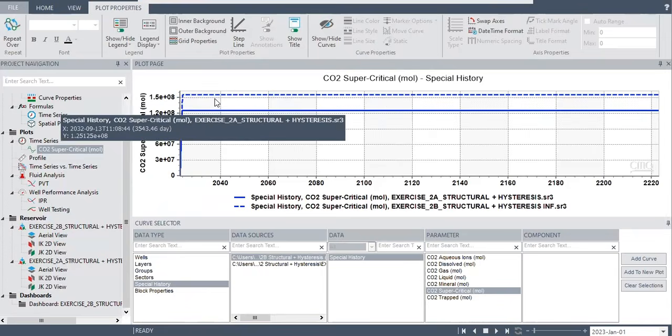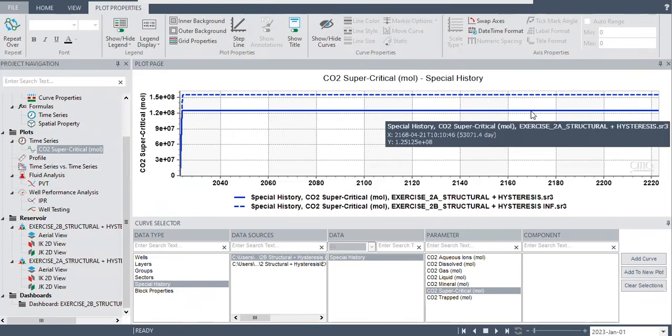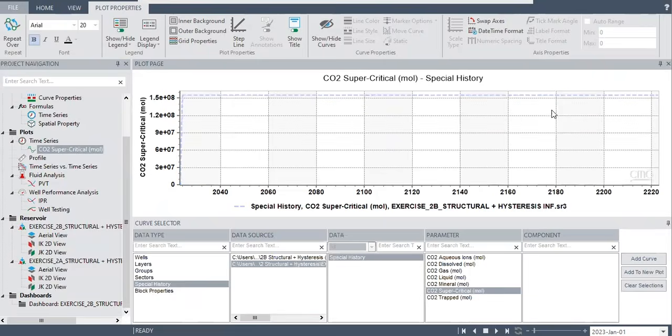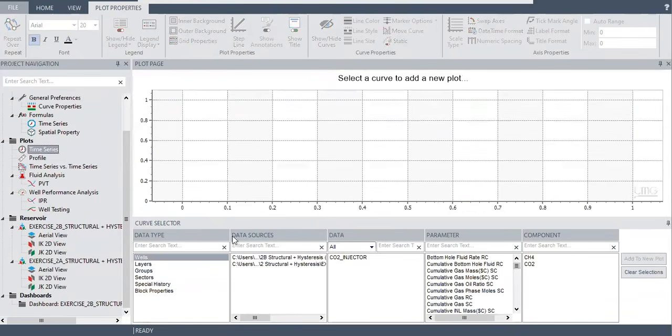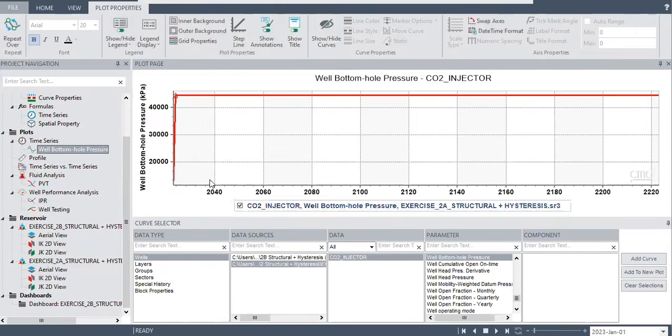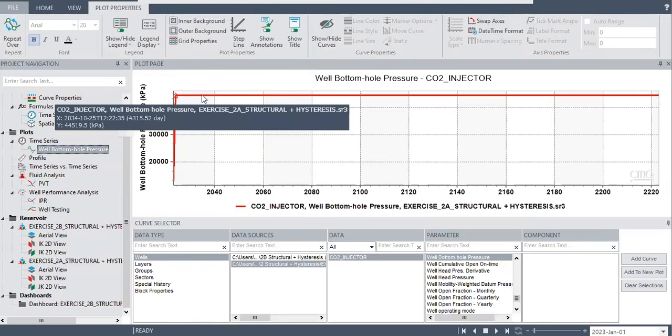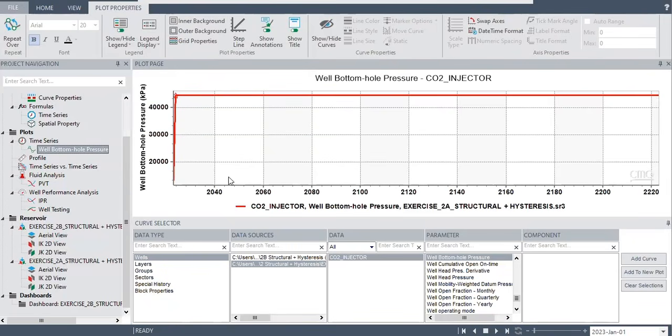All right. Let's see the pressure. First wells, CO2 injector, well block pressure or well bottom hole pressure. You see the pressure very quickly reaches 44,000.